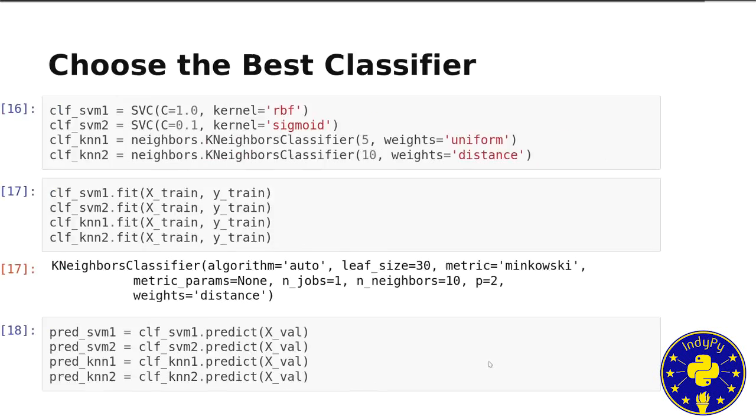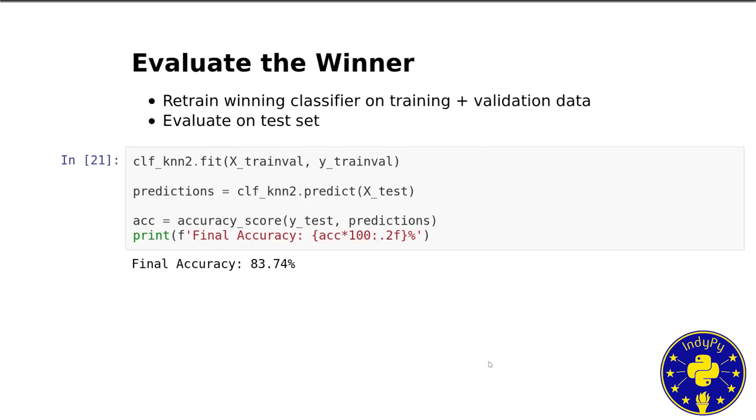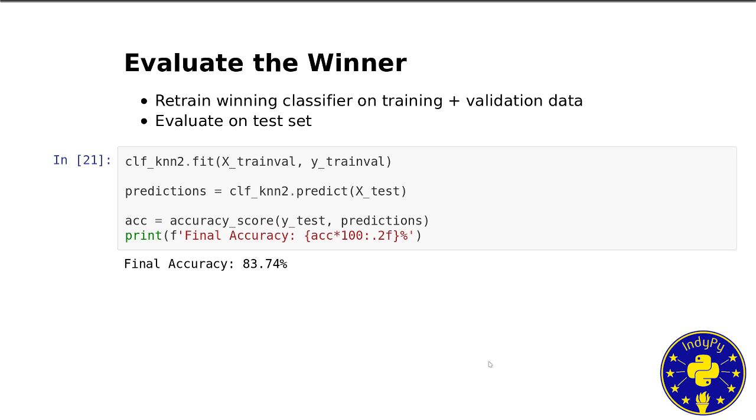So we're almost done, but we can't go ahead and say, hey, I've got this classifier, and I'm going to guess about 83% of the time it'll tell you whether or not there's going to be a tornado, and it'll be right. Because remember, we have that test set of data that we haven't looked at yet. So now we have to actually evaluate our winner. So we're going to retrain it on, if you remember when we split, we had this data where the training and validation data was all kind of clumped together.